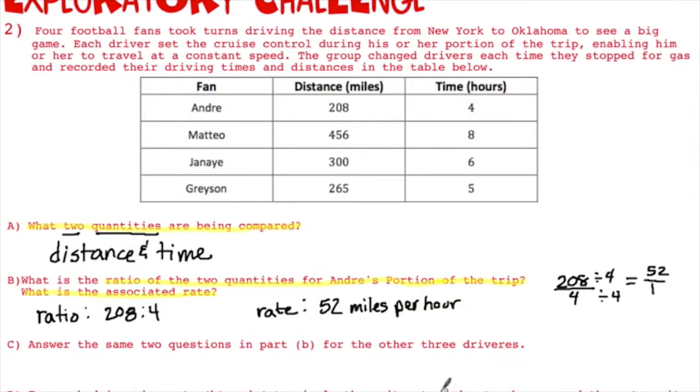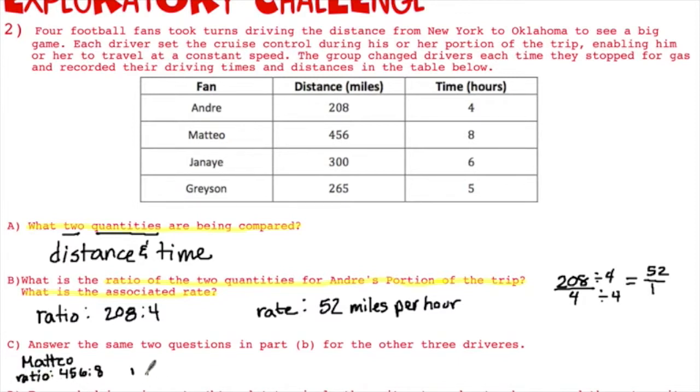So now it wants me to answer the same 2 questions in part B for the other 3 drivers. Okay, so for Mateo, his ratio is 456 miles to 8 hours. Just checking to see if you're paying attention.